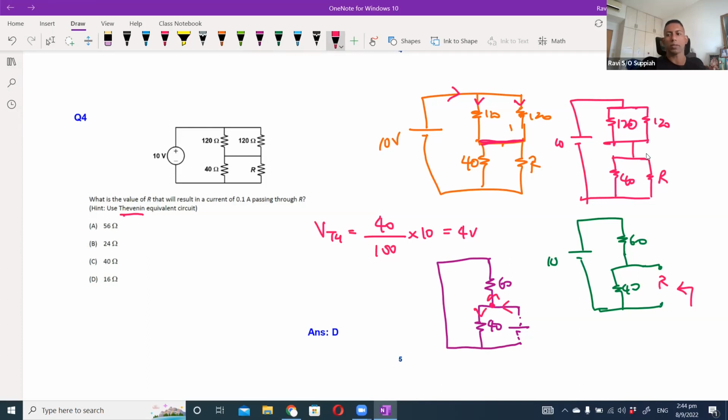So we calculated VTH, next is RTH, guys. RTH is 40 parallel with 60. So 40 parallel with 60, what will we get? 24 ohm.